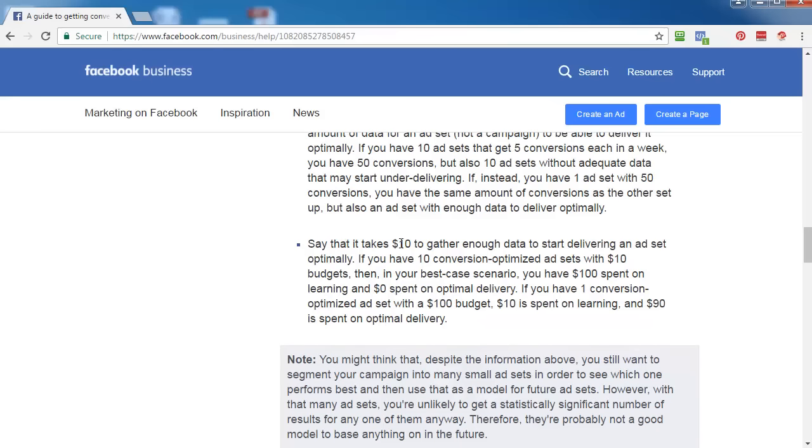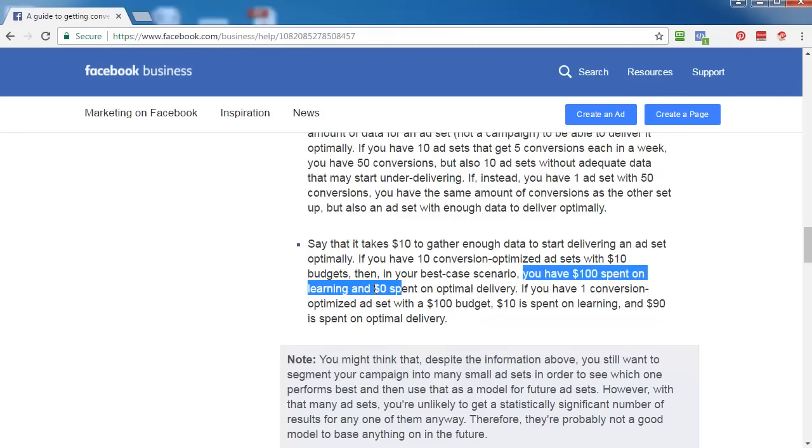So say that it takes $10 to gather enough data to start delivering an ad set optimally. Okay, so we kind of went through an example already, but if you have 10 conversion optimized ad sets with $10 budgets, so that's $100 total, but split up into 10, so it's actually $10 each, then in your best case scenario, you have $100 spent on learning. This is it.